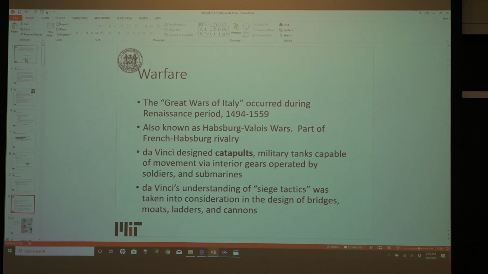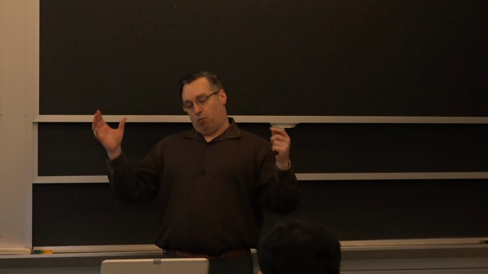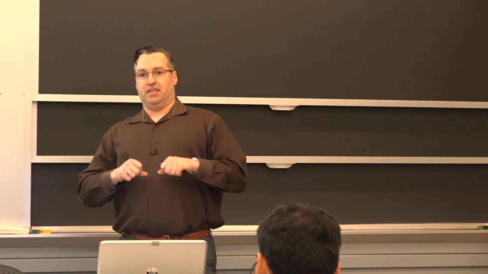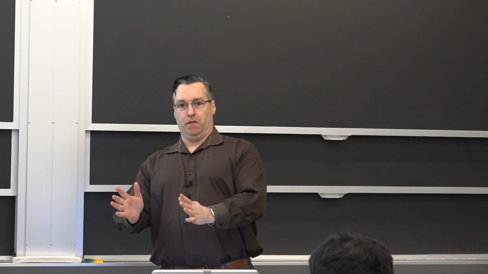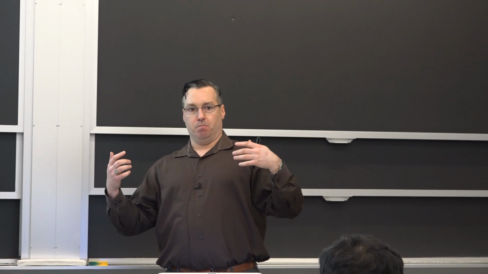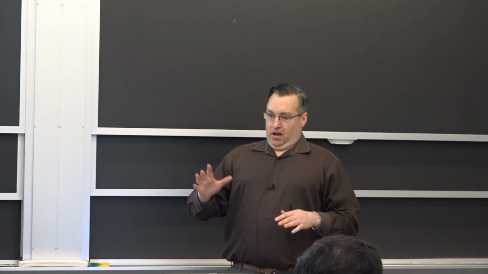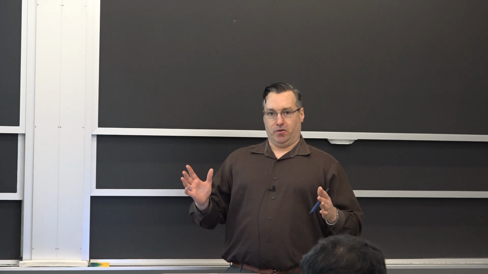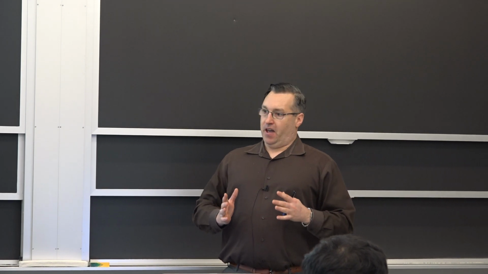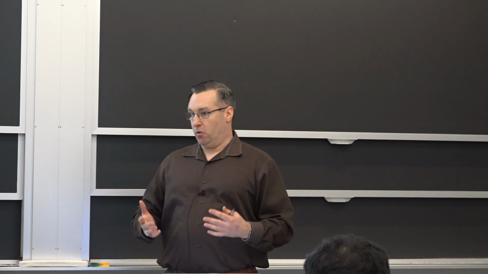So these tanks, you'll see in later slides, basically were able to have soldiers inside the tanks, and they were able to use gears on the inside of the tank to move and protect them from receiving ballistics. This is about 450 years before World War I, where we would consider that would be the first time that modern tanks were used in warfare.